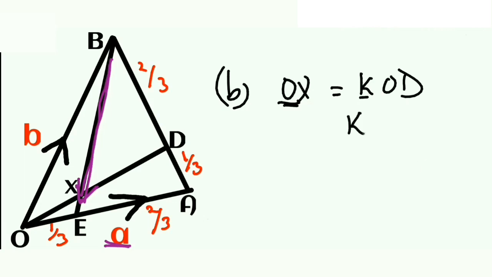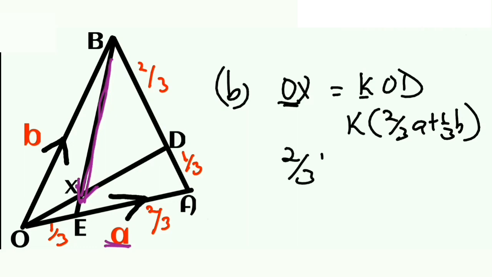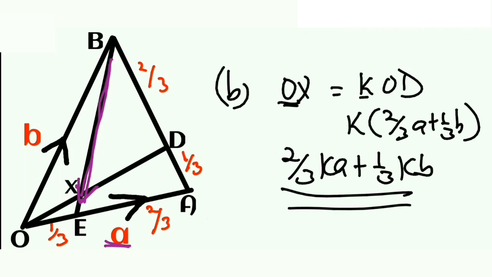So K times OD, which equals 2/3 A plus 1/3 B. Then you have to remove the bracket, equals 2/3 KA plus 1/3 KB. This is the value for OX.